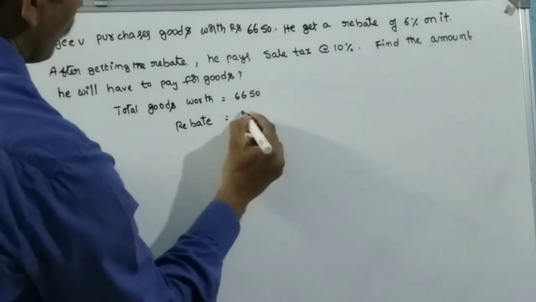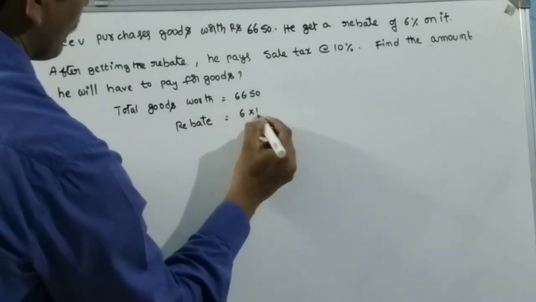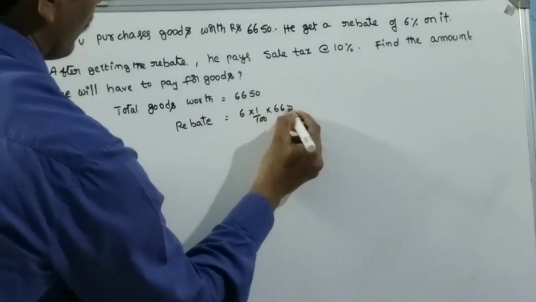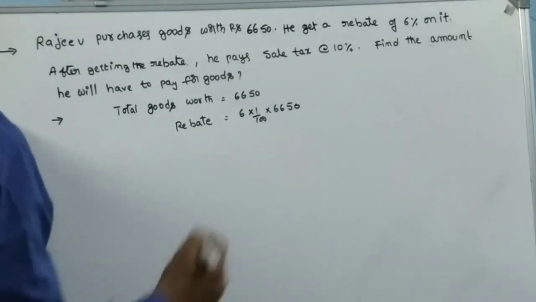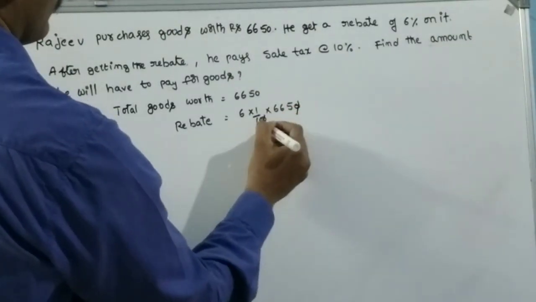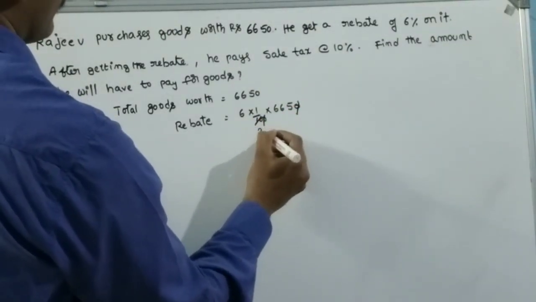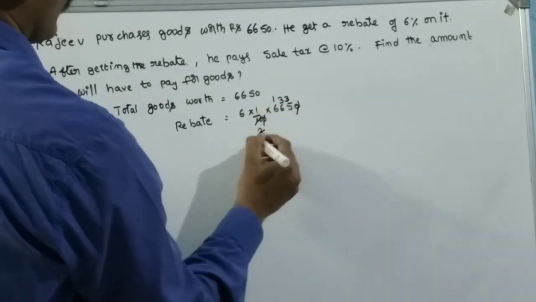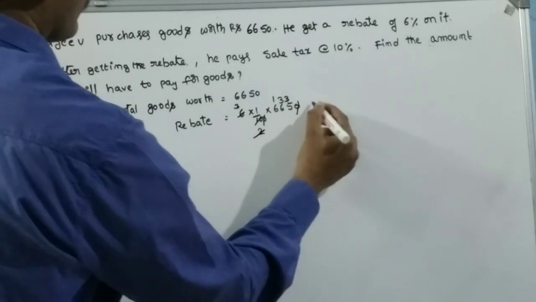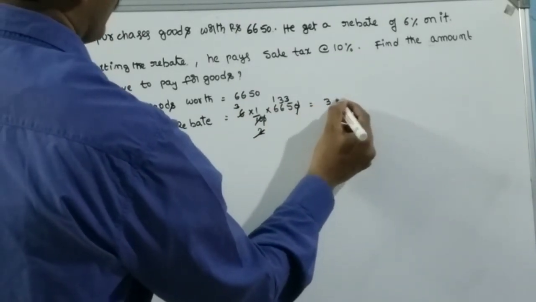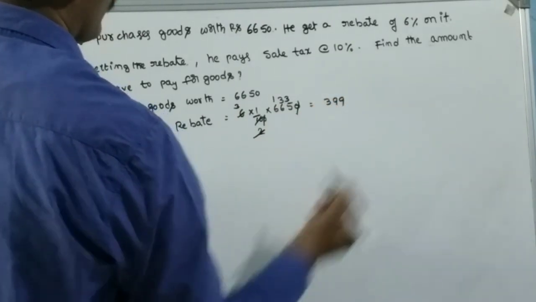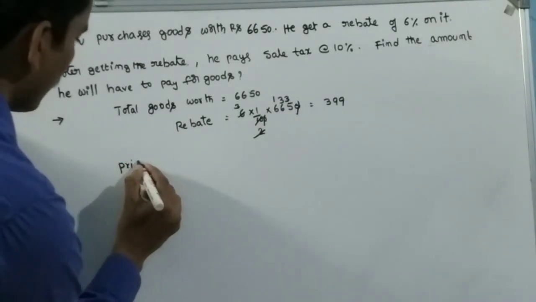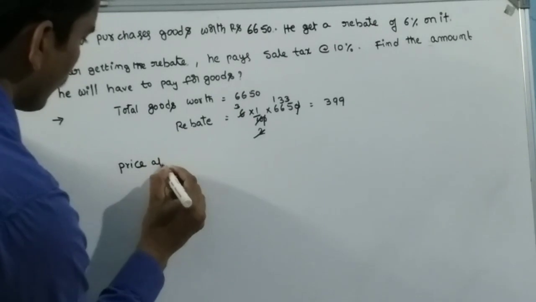Rebate equals 6%, that means 6 by 100 into 6,650. You calculate this one. That is 399, the rebate he got.